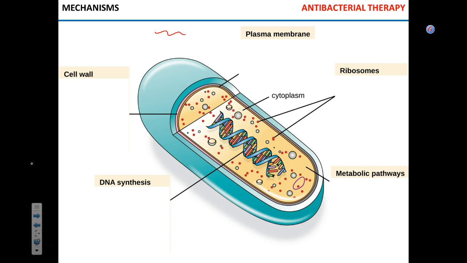Let's name the inhibitors of the bacterial cell wall. Penicillins. What else? Cephalosporins. Try not to look at the original one. I know that's hard.